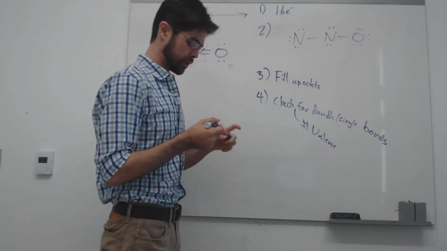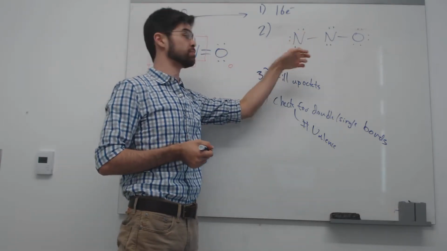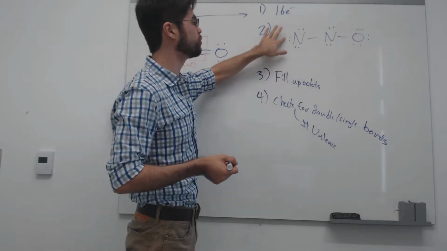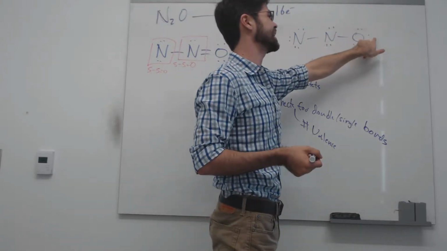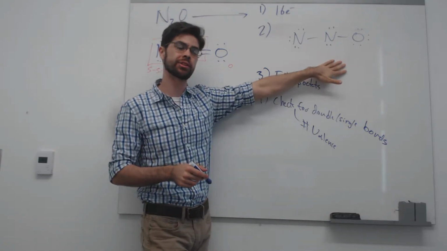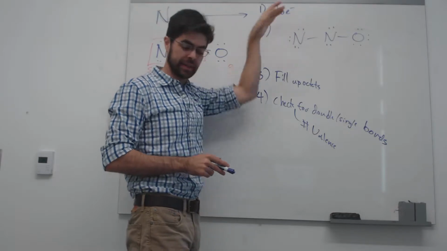Okay, I've satisfied the octet rule for all of my elements, but if I count how many electrons I've placed in my Lewis structure, I have 2, 4, 6, 8, 10, 12, 14, 16, 18, 20. There are 20 electrons depicted in this Lewis structure, but I should only have 16.